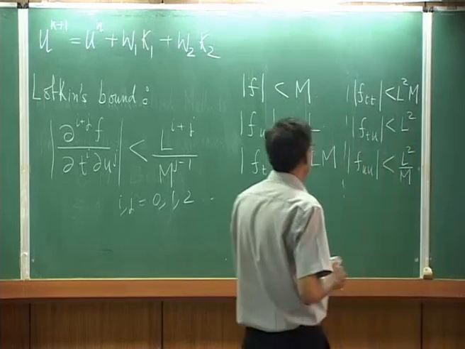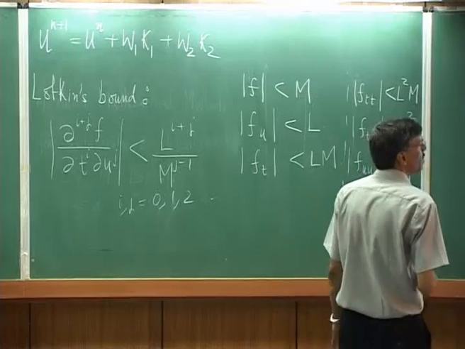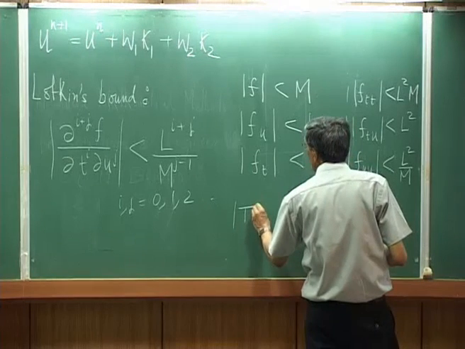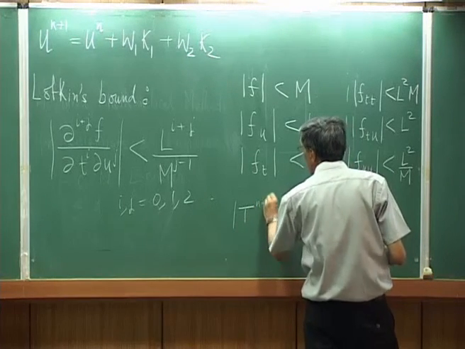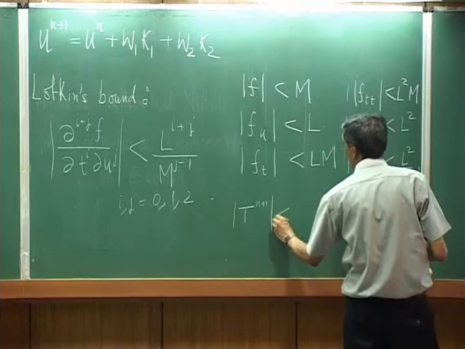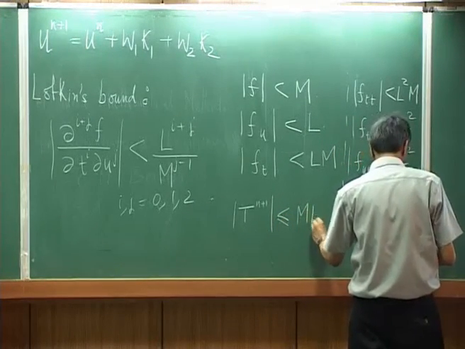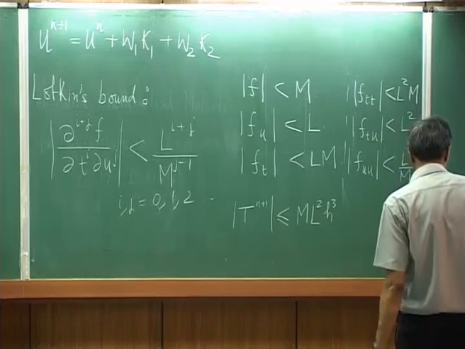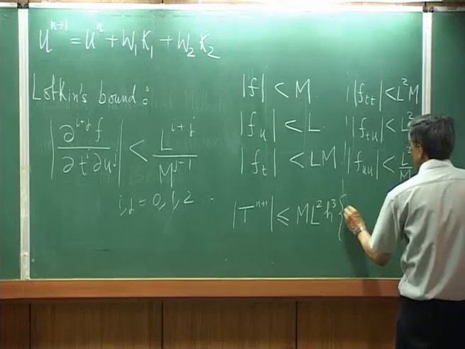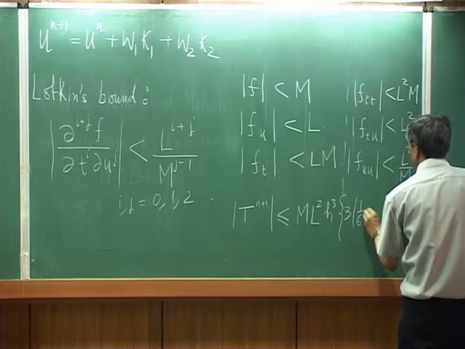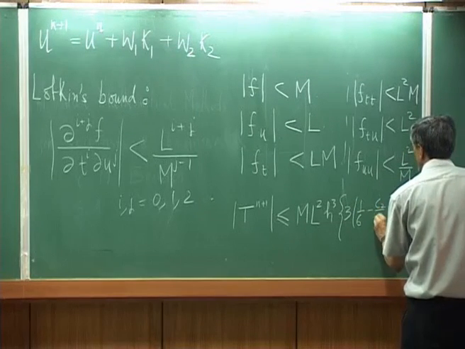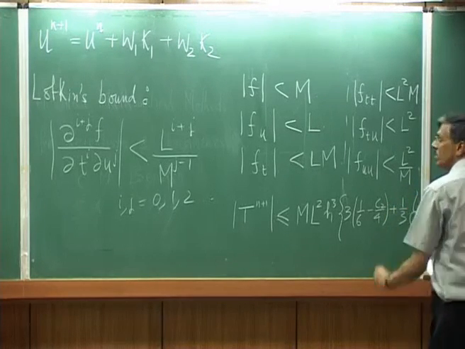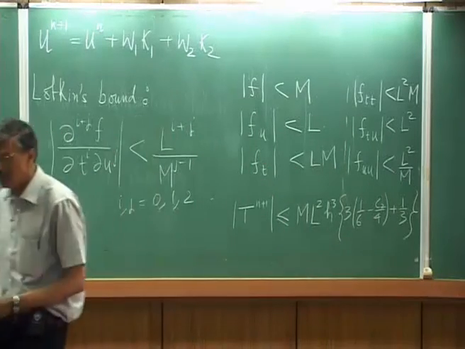So, if I use this information from these bounds, you could see that T n plus 1 would be bounded by M L square, and we are looking at the leading term as that, which would be 3 times the bracket 1/6 minus C 2 by 4, plus 1/3. So, this is one way of looking at the problem.